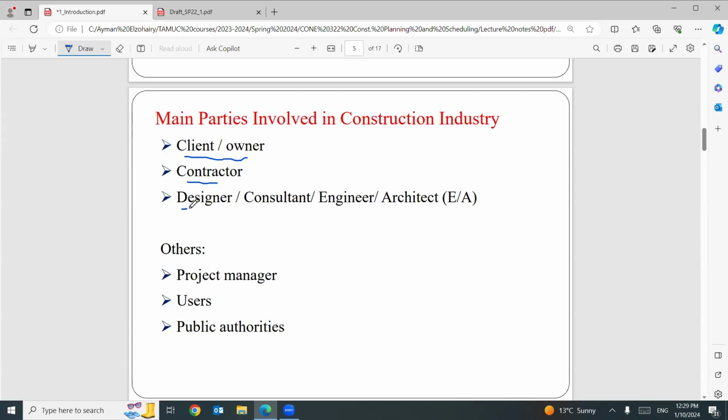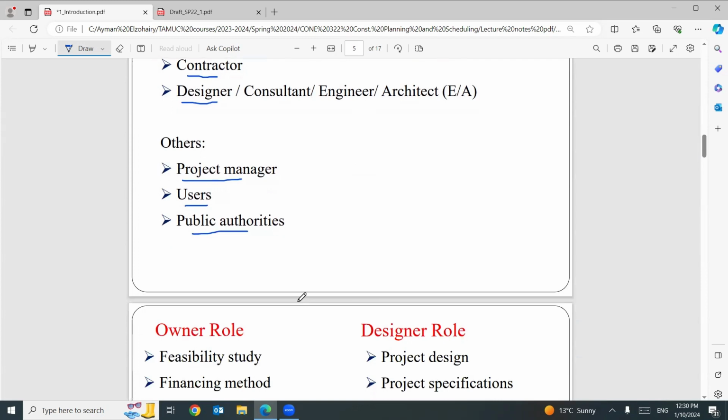And we should have a designer or consultant or engineer or architect. Sometimes we have other parties like project manager, users, public authorities. All of these parties can also be involved in the construction industry.